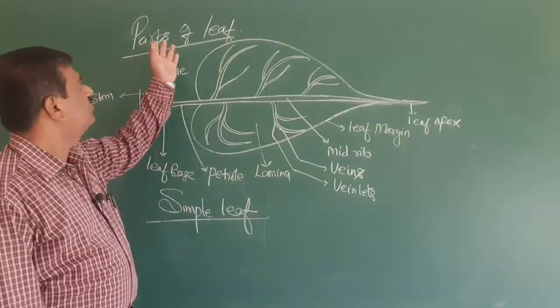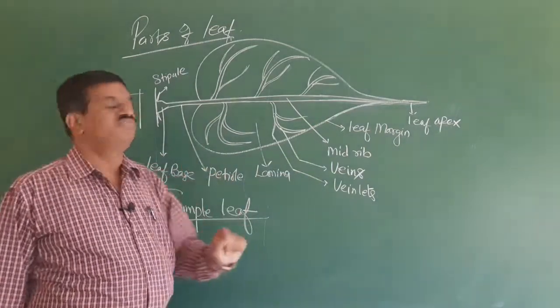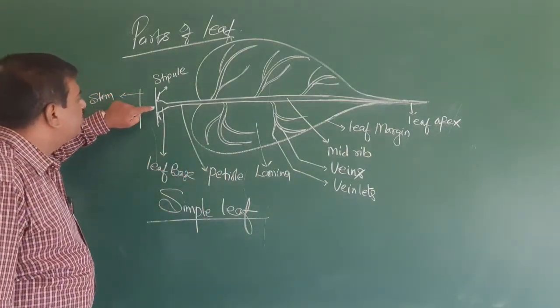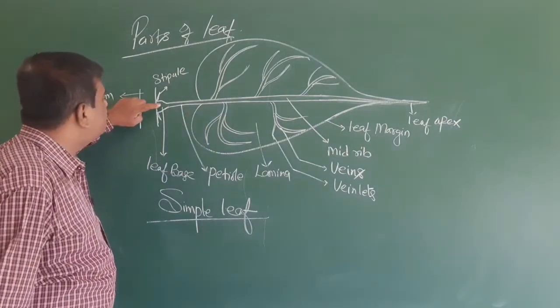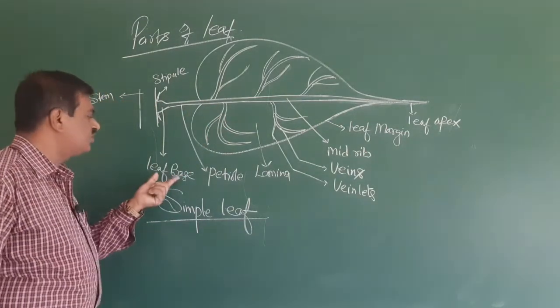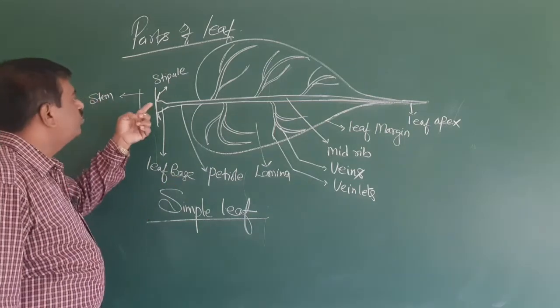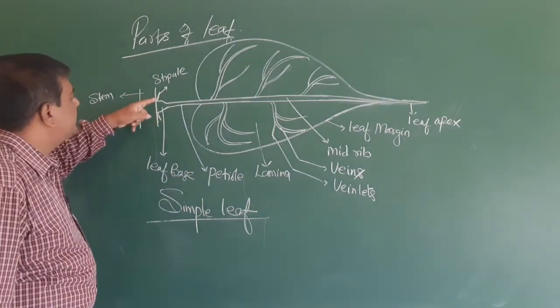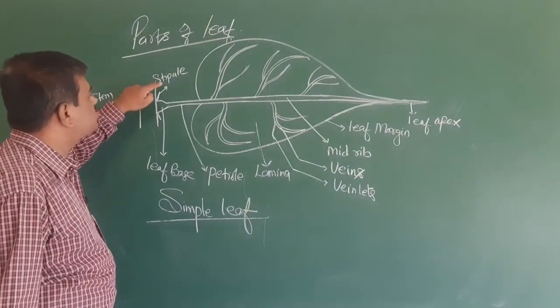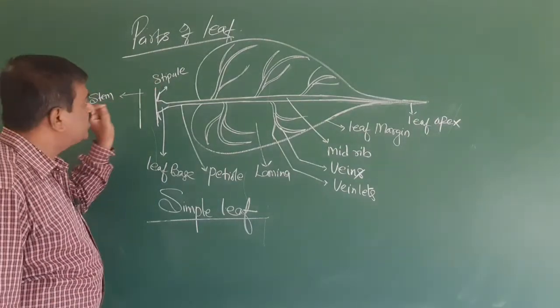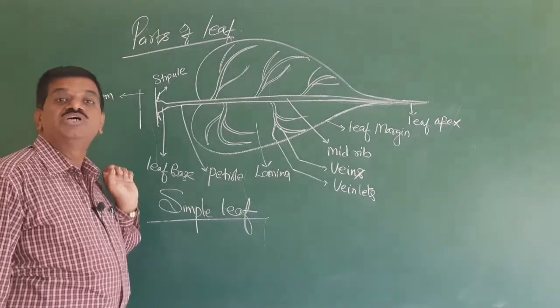So we go over the parts of a leaf. As I mentioned, at the nodal region of a stem, the leaf takes its origin. The first part of a leaf is always called the leaf base. On either side the leaf base has small hair-like outgrowths called stipules. When stipules are present, we use the word stipulate.